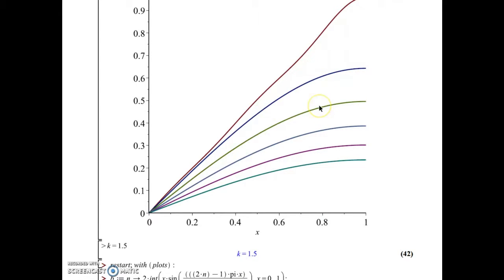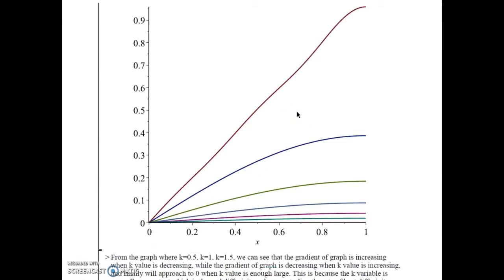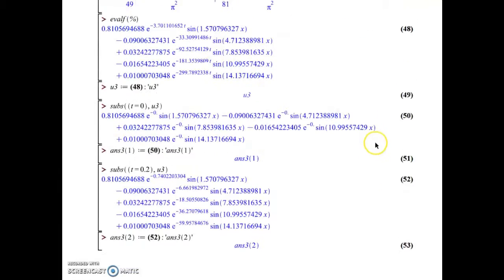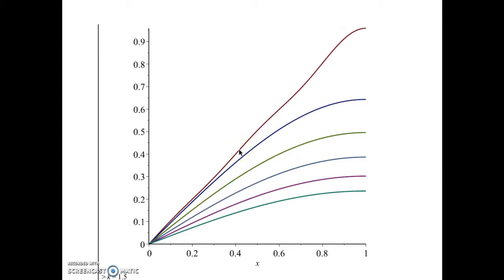When k is equal to 0.5 and k is equal to 1.5, the heat transfer applied, which is lower, will make the graph go even higher.